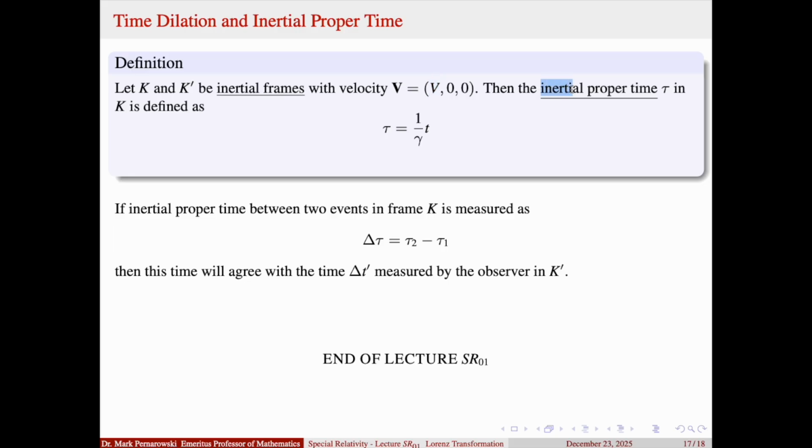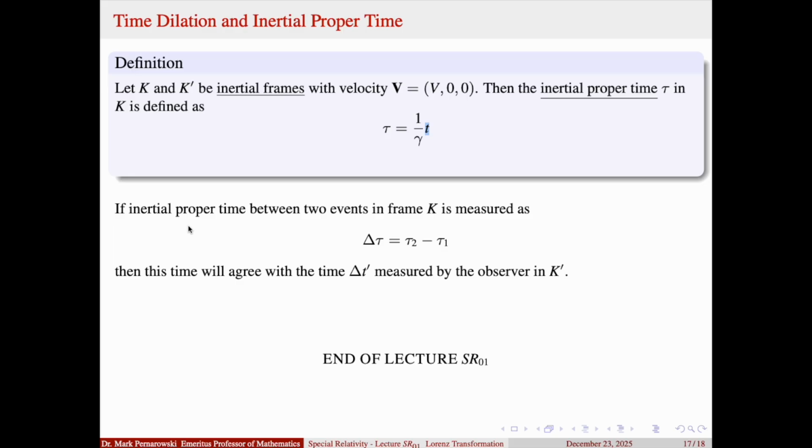Then if that's the case, the inertial proper time tau is going to be the K time divided by gamma. So this is a new time tau, and all it is is t scaled by a constant gamma in this case because v is constant.